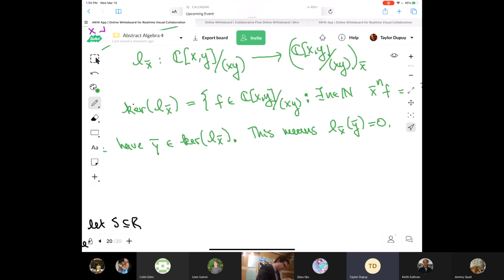So I took this ring here, and what happens when y bar goes to 0?